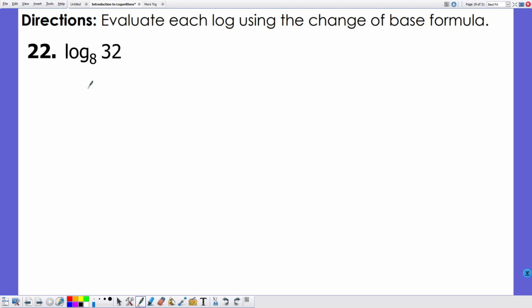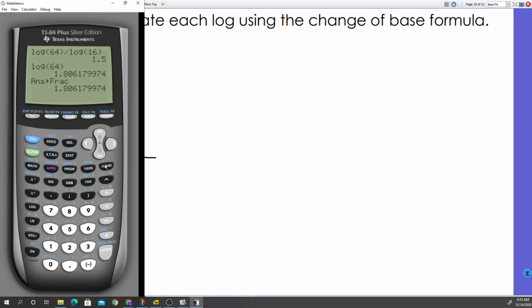All right, log base 8 of 32. So we say log of 32 over log of 8. It feels so lazy, but hey, it works. Log of 32 divided by log of 8.